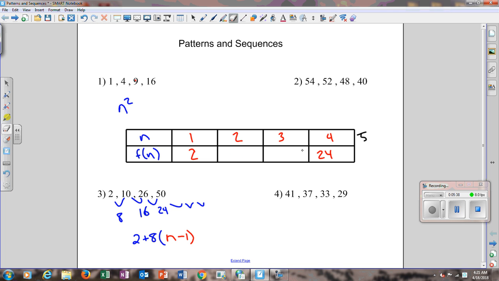It should be 26 and 50. Sorry. If the difference here is 8, then it would be 3 minus 1, which would be 2. 8 times 2 is 16. So that's how you come up with your difference in here.